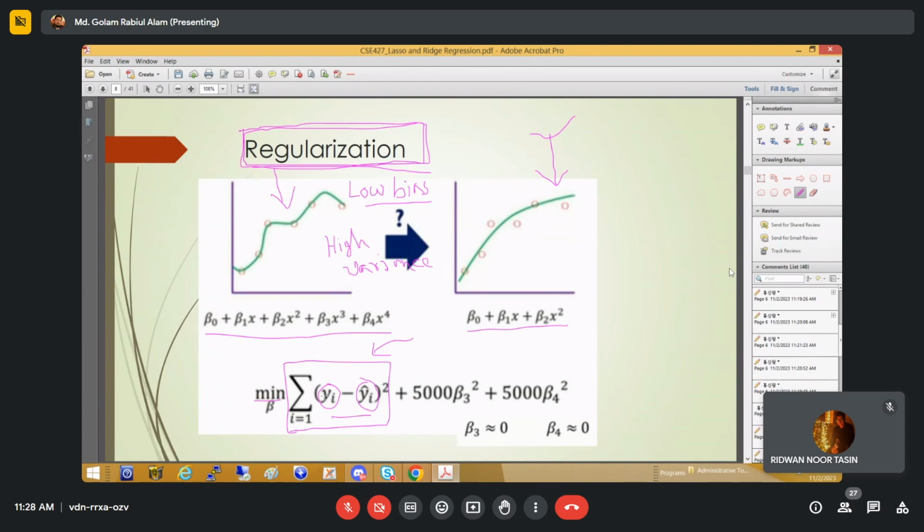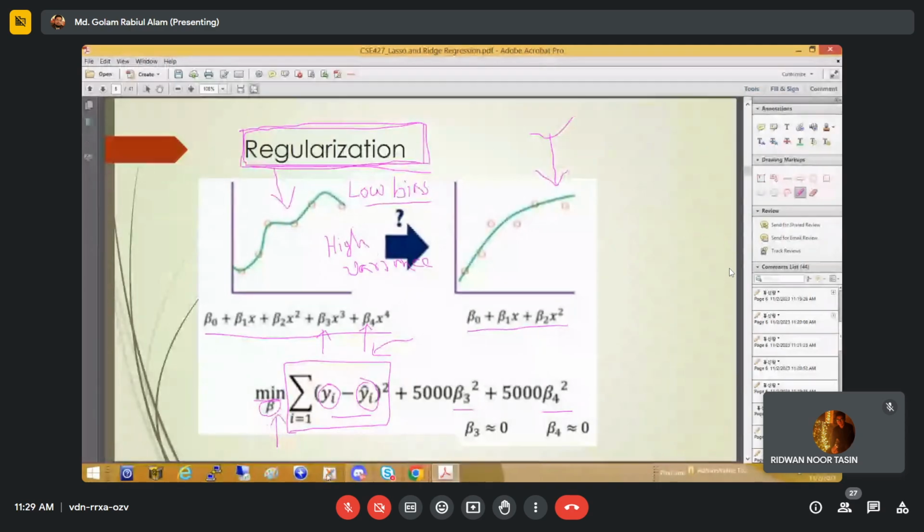But now what we can do is add something like this: beta 3 square and beta 4 square. Here is beta 3 and here is beta 4, the beta 3 square and beta 4 square.